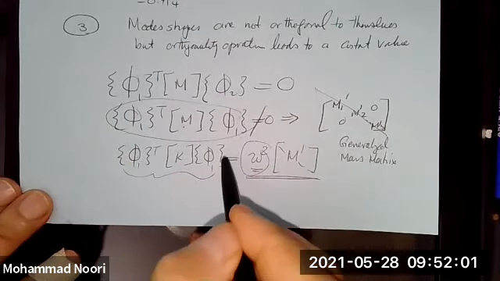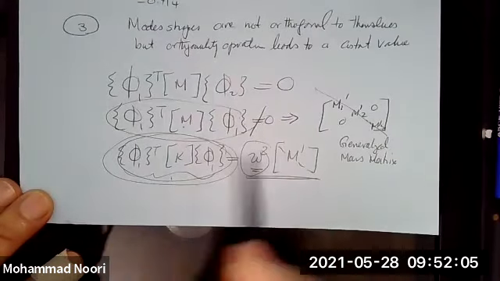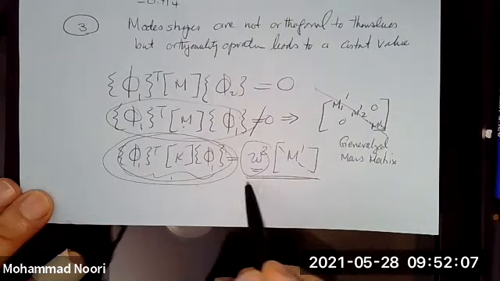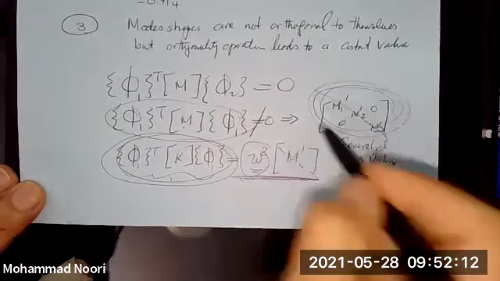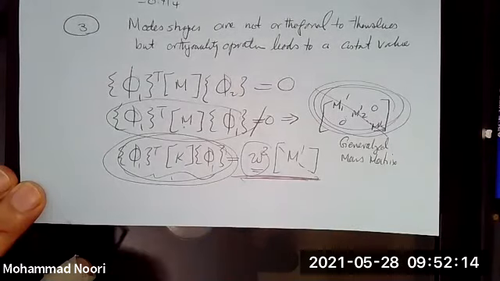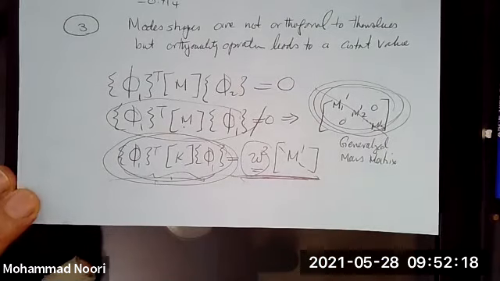I'm sorry, you don't have to perform this. You know already, if you do, it would end up with this result. So as long as you have the generalized mass matrix, you know that this operation would lead to this.